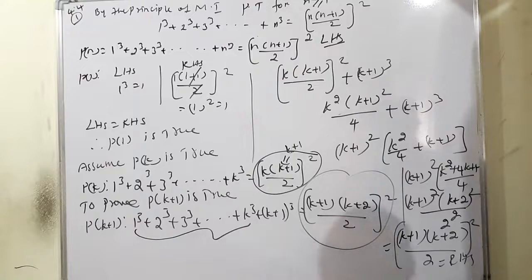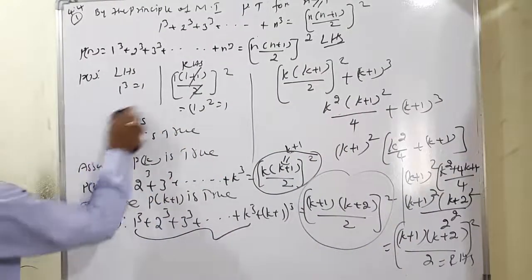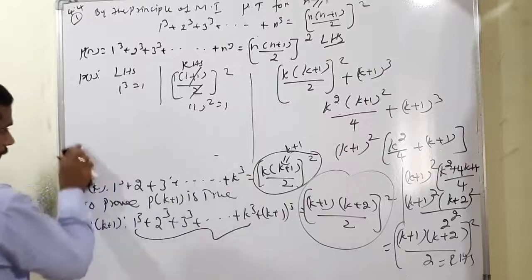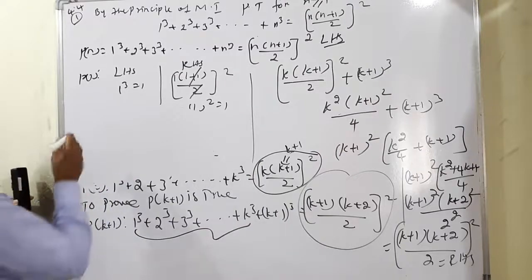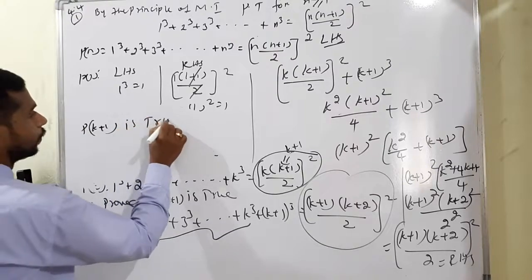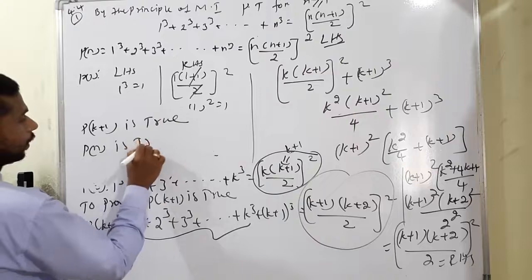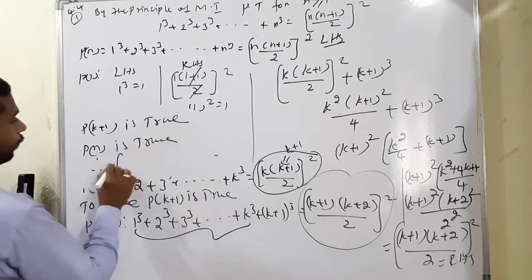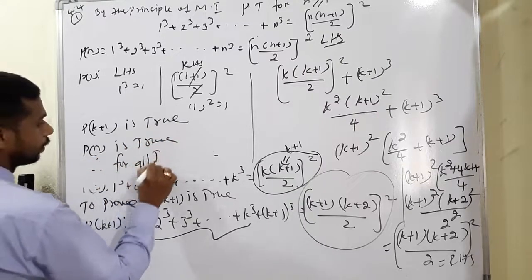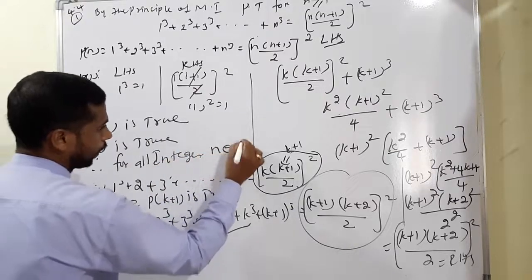Therefore, the final line: P of k plus 1 is true. So P of k plus 1 is true means P of n is true, therefore for all integer n belonging to natural numbers.